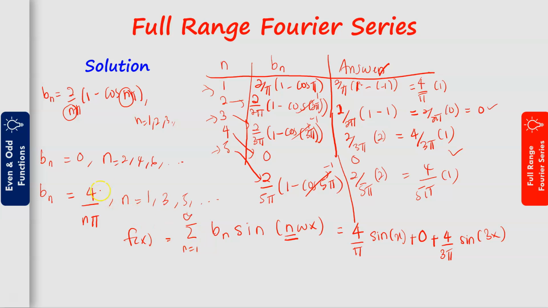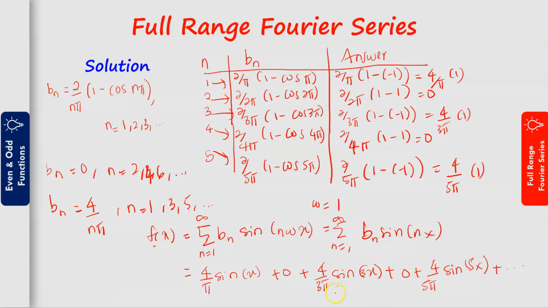And then when n equals 4, bn is 0, so plus 0, and then plus 4 over 5 pi sine 5x, this is n equals 5, plus 0 plus dot, dot, dot, up to infinity.